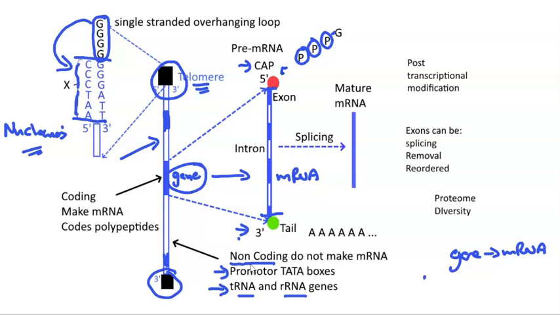Whereas at the 3' end, there's a long sequence of adenine, adenine, adenine, adenine, adenine, possibly more, protecting that end from damage from enzymes. So we can protect both our DNA and our messenger RNA with the addition of telomeres in DNA, and caps and tails in messenger RNA.